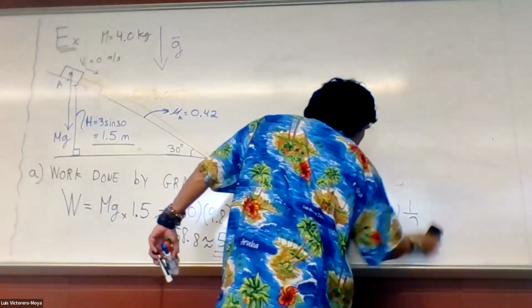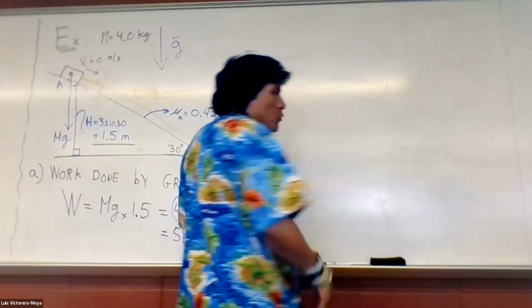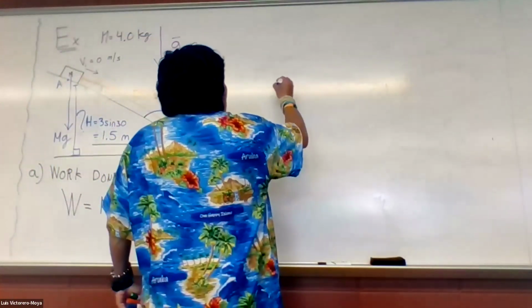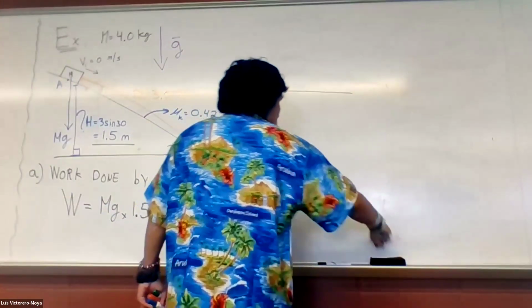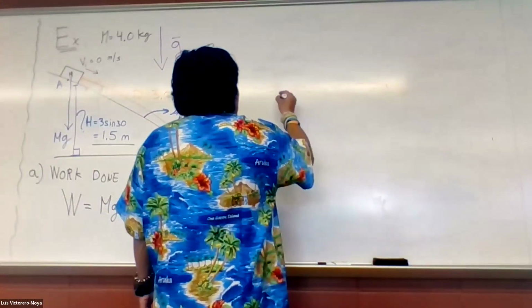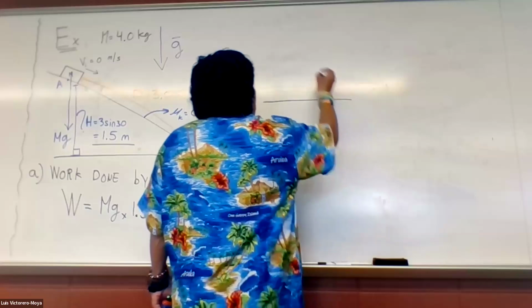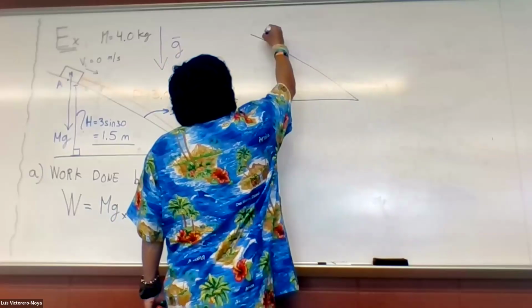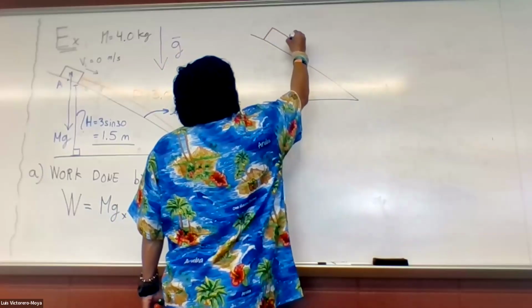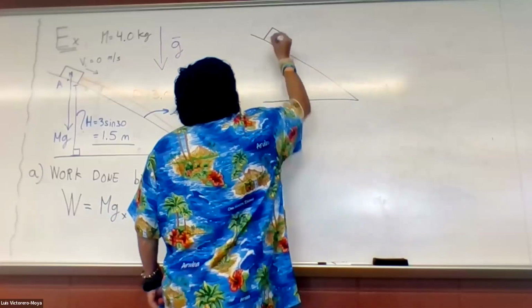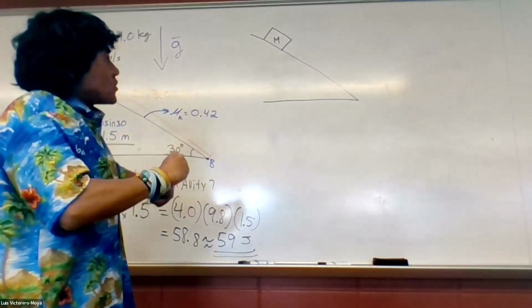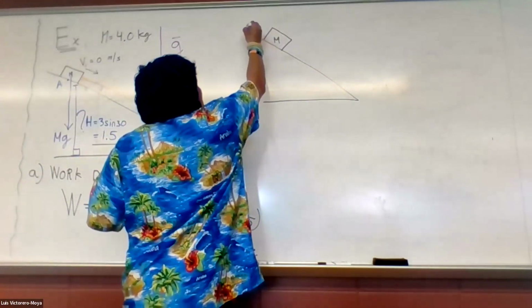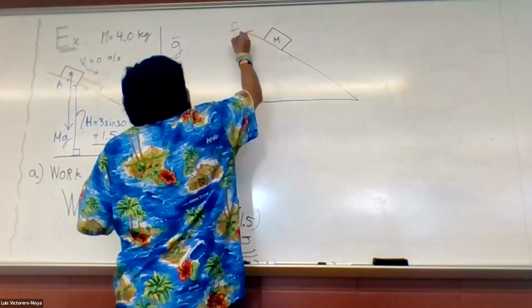So for any of the works, it's always a good idea to draw the force. So for the work done by friction, you want to draw the force of friction. The force of friction, if it's going down, is this. Let's call it Fk.